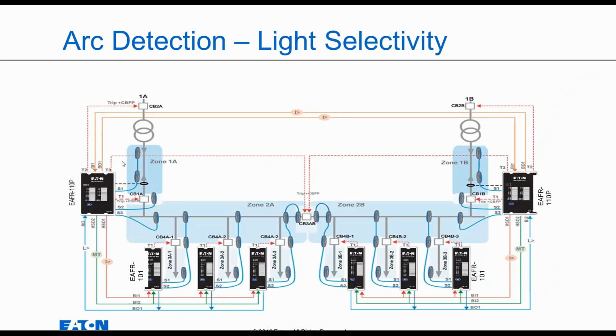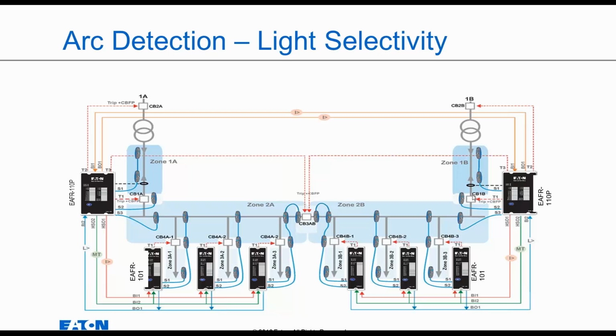So here's a main system, and we've got light and current sensors here, and we've got just light sensors down here. And you can see this system's been segregated into zones. So I've got a zone here, S1.